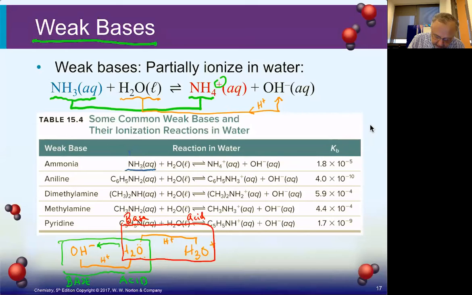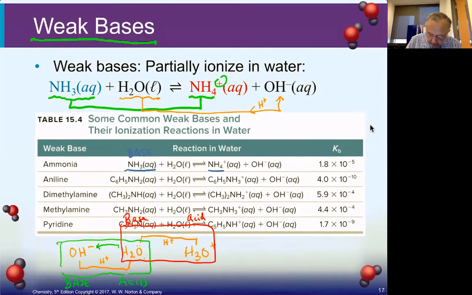Let me write it up here. Base. I apologize for the lack of contrast there. And its conjugate is going to be the acid, and the acid will have one more H plus, which will be NH4 plus. So that'll be the conjugate acid. If we look at, let me switch colors.